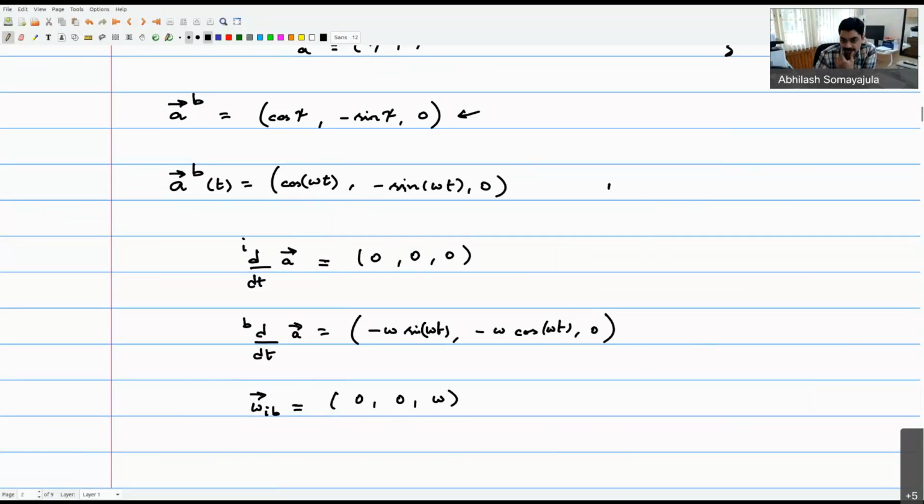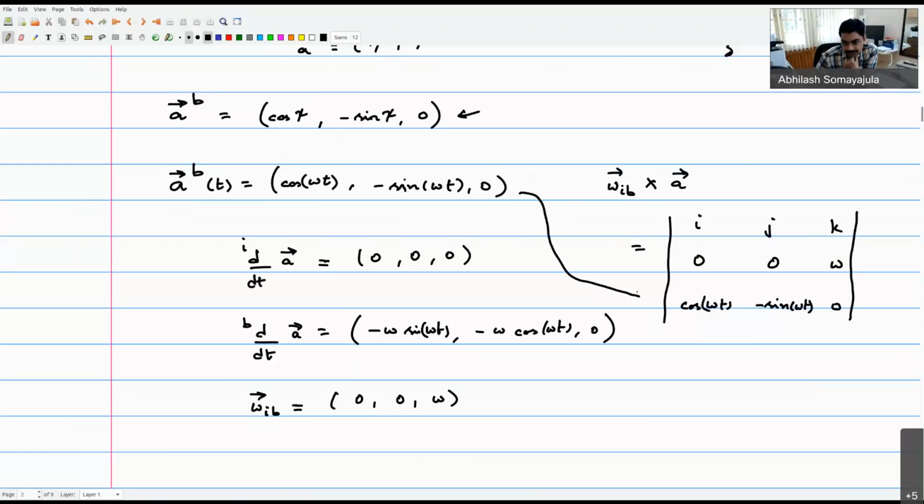this one. So I want to take omega IB cross the A vector, which means I simply have i, j, k, then 0, 0, omega, and the A vector will be cos of omega t, minus sine of omega t, 0.